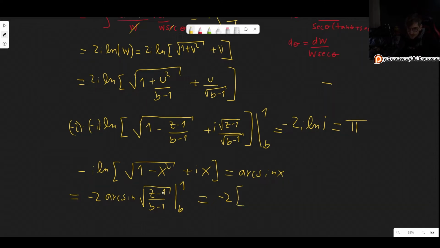The first point is at 1, so we get arcsine of 0, which is 0. Then we have minus the arcsine of this thing evaluated at b, so arcsine of 1, which is pi over 2. So we end up with minus minus, which is plus, and we also get pi. There we go, just two different ways of getting that result.